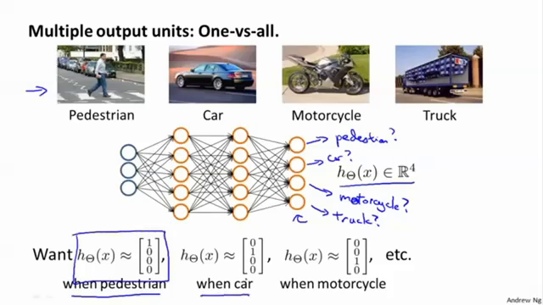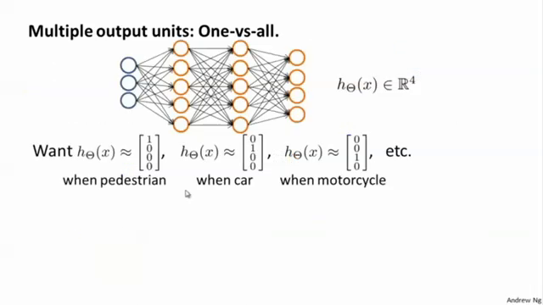When it's a car, we want it to output [0,1,0,0]. When it's a motorcycle, we want it to output [0,0,1,0], and so on. This is just like the one versus all method that we talked about when describing logistic regression. Here we have essentially 4 logistic regression classifiers, each of which is trying to recognize one of the 4 classes that we want to distinguish amongst.